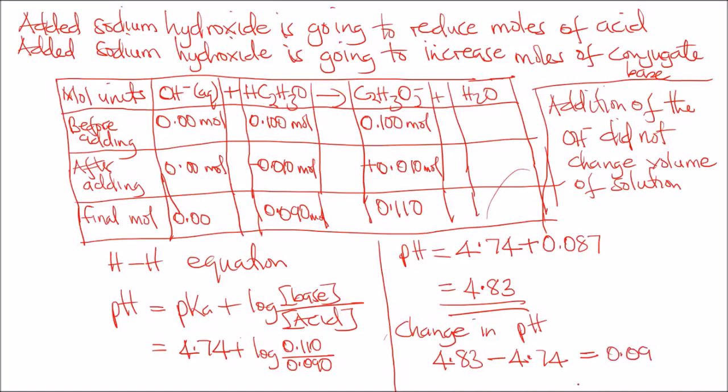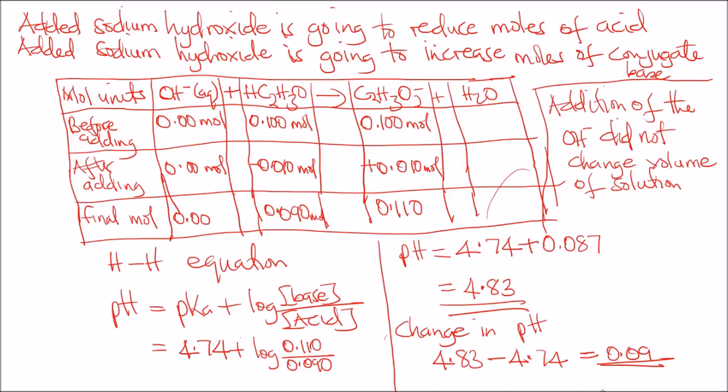So this is a pretty small change, indicating that our buffer solution has worked. So when you see a small change in pH, you can easily say, you know what, this small change is because we are dealing with a buffer solution.